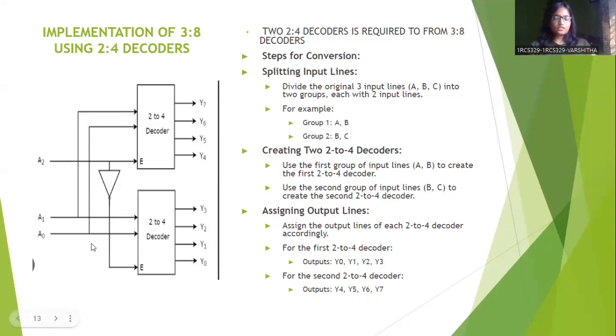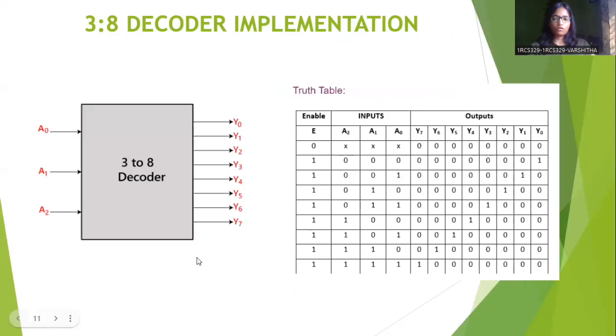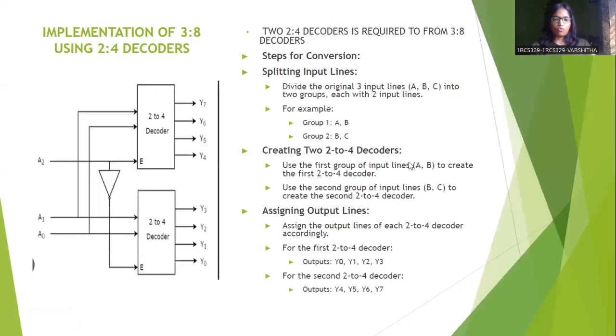Now let's discuss how it works. When we pass 0, 0, 0 to the decoder, Y0 would be in the active state, and Y1, Y2, Y3 would be in the 0 state, because only one output signal can be in the active state for the decoder.